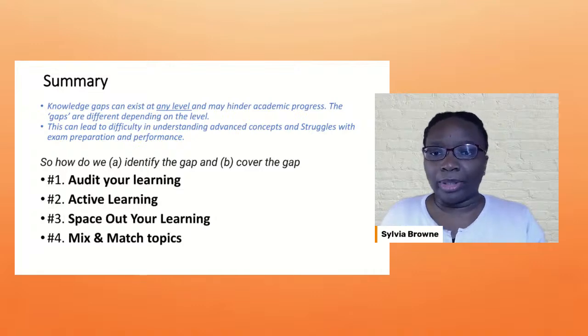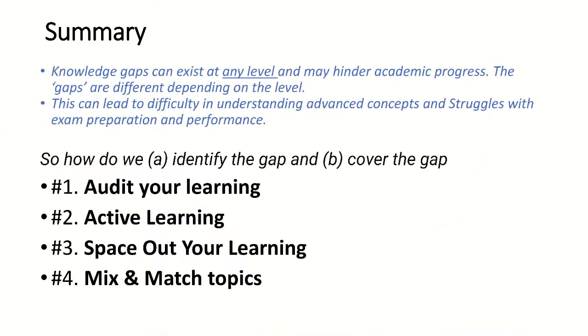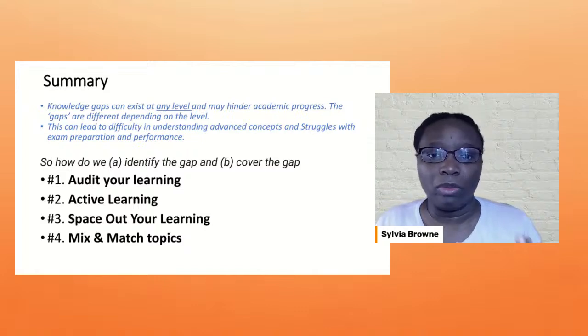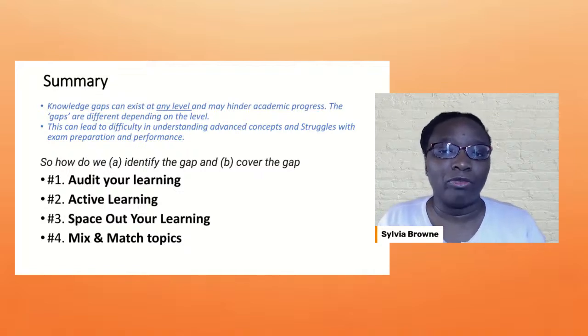So in summary then, knowledge gaps can exist at any level and they may hinder academic progress. So the gaps are different though, depending on the level. So what level the student is. And those gaps can lead to difficulty in understanding advanced concepts and struggles with exam preparation and performance.